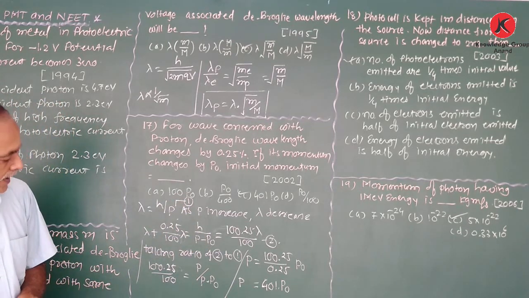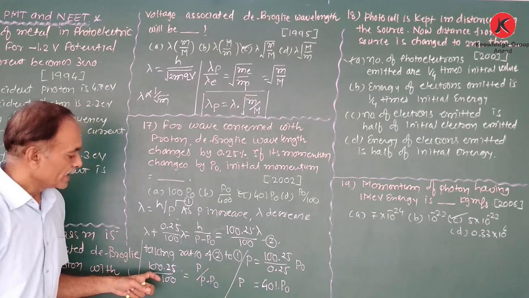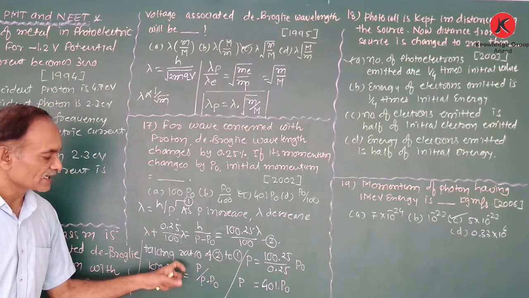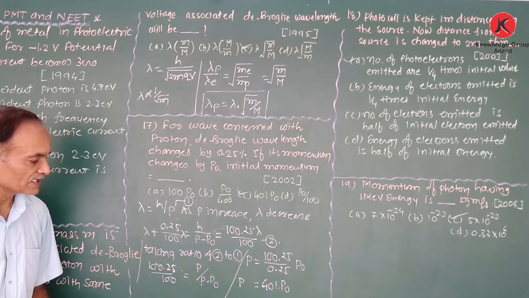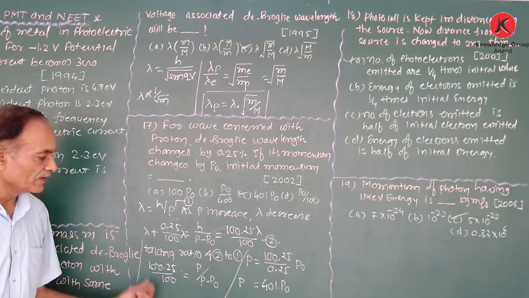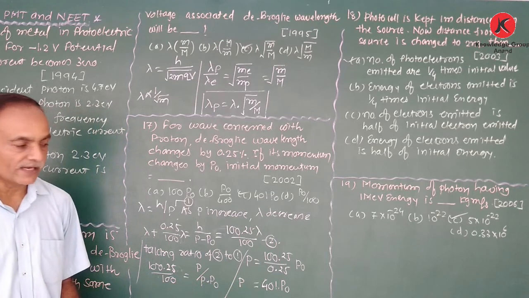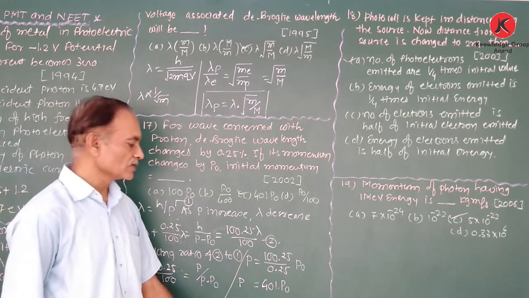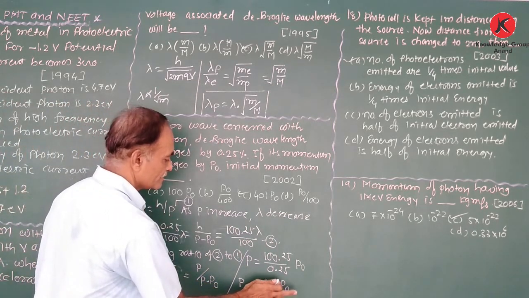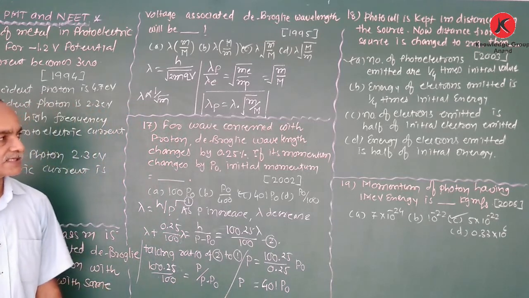Therefore, 100.25 upon 100 is equal to P upon (P minus P0). If we simplify it, we obtain P is equal to 100.25 upon 0.25 P0, that means 401 P0.